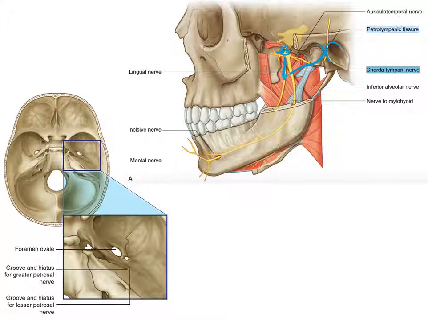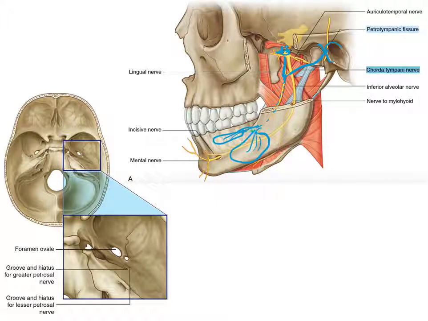That means the Chorda Tympani sends parasympathetic fibers through the lingual nerve. It uses the lingual nerve as a way to reach the different glands, including the sublingual and submandibular glands, to innervate both of them, right?